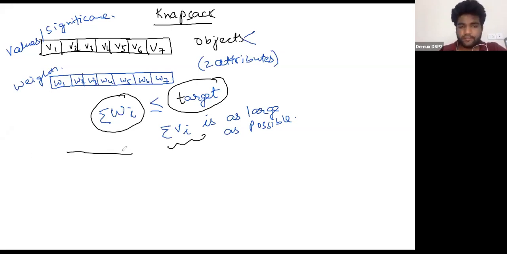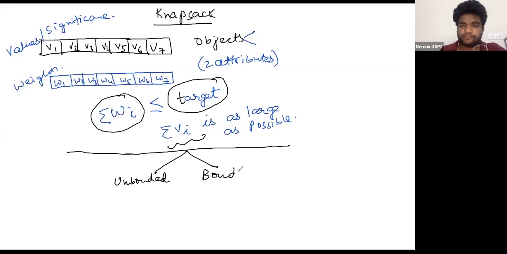Now there are two types of knapsacks. You have unbounded knapsack and you have bounded knapsack. In unbounded knapsack, you have infinite quantities of each of these objects. So there is no upper bound on the number of objects of each type.